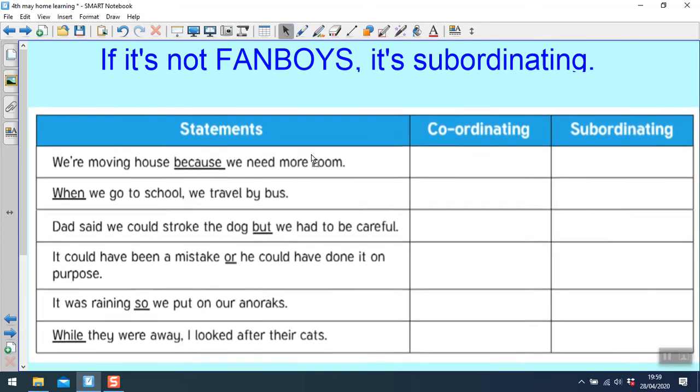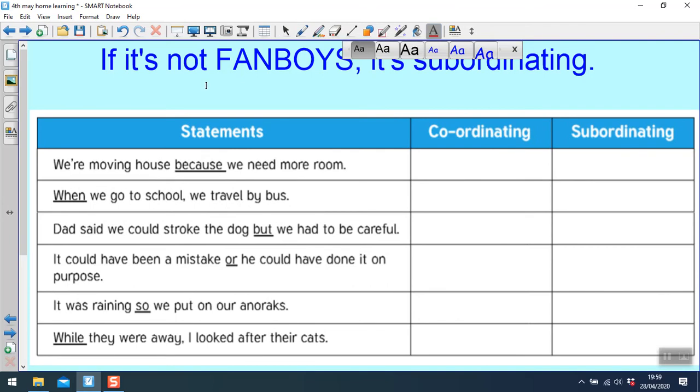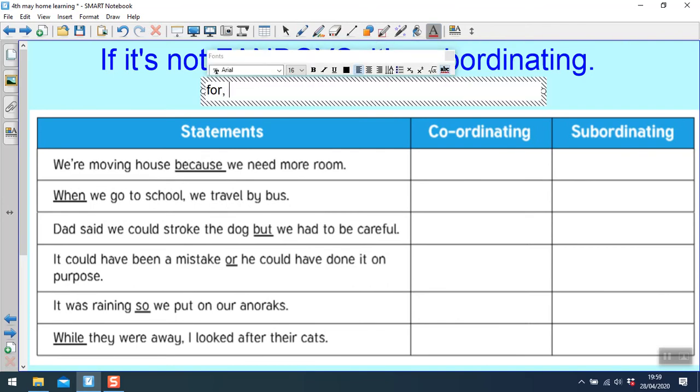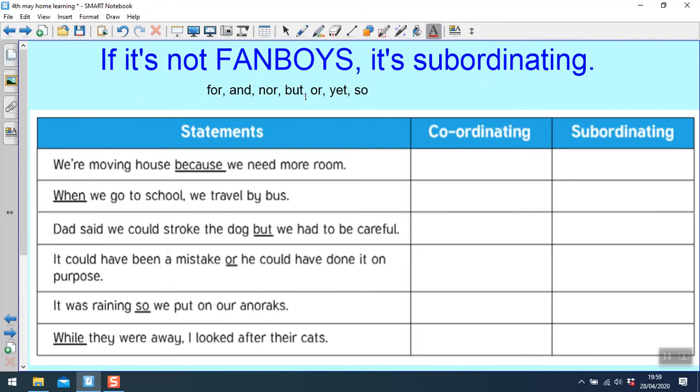Just to remind you that FANBOYS stands for for, and, nor, but, or, yet, so. If it's not those ones, that means it's subordinating. Pause the video while you work out which conjunction it is.